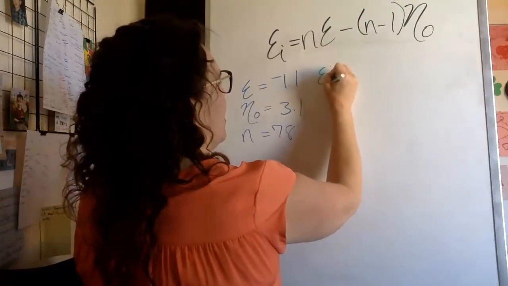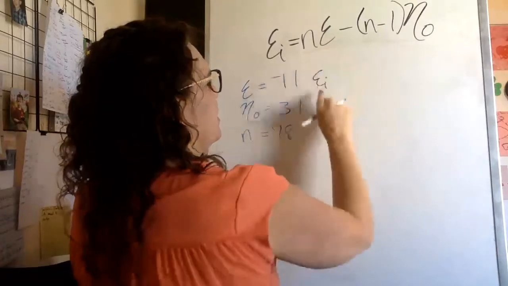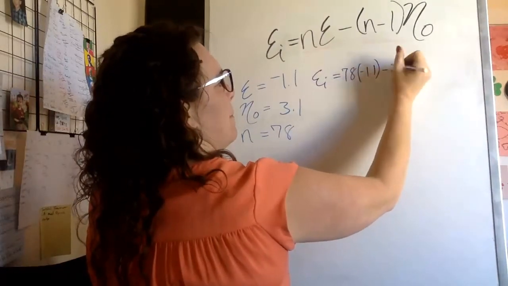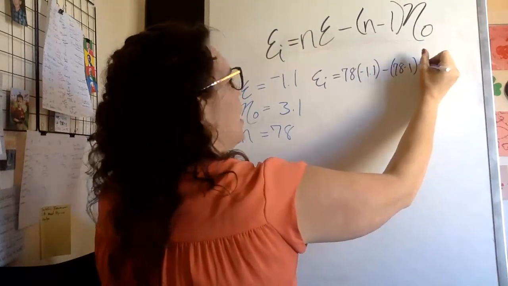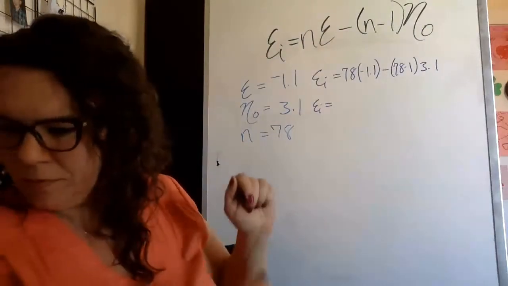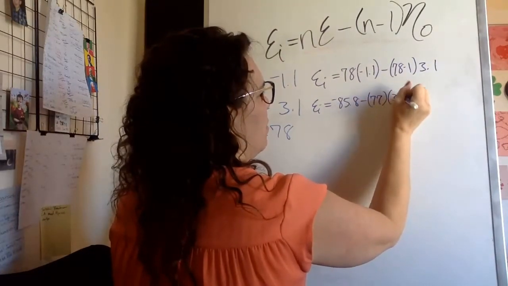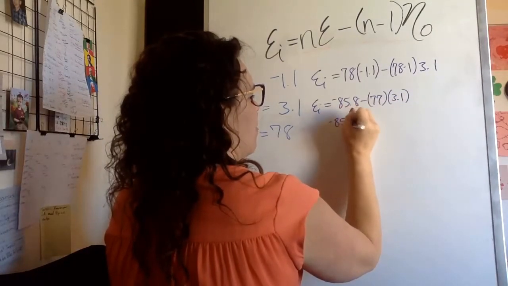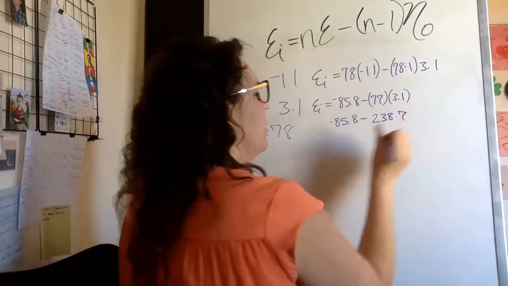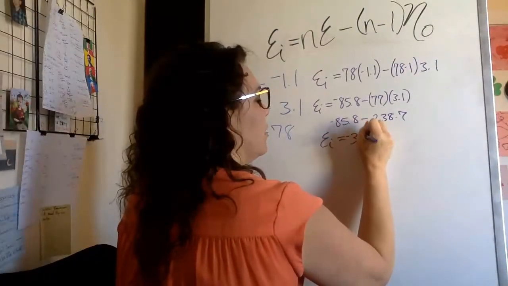So we get EI. The price elasticity of demand of firm I is equal to 78 times -1.1 minus 78 minus 1 times 3.1, which gives us -85.8 minus 77 times 3.1, or -85.8 minus 238.7, which gives us an individual firm price elasticity of demand of -324.5.